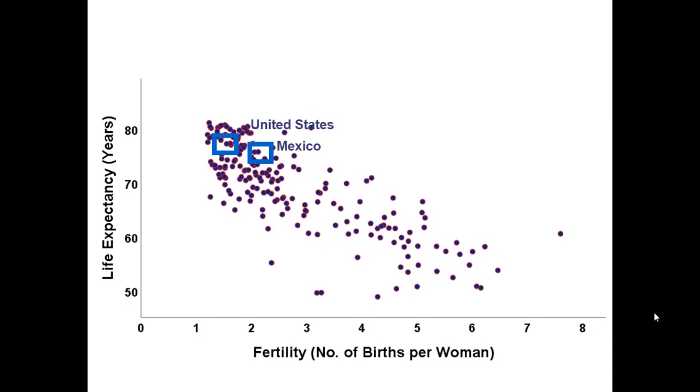On the right side of the graph are countries with high fertility, that is, they're high on X, and low life expectancy. For instance, here's Afghanistan, and here is Somalia.